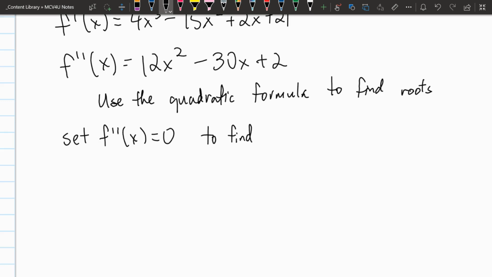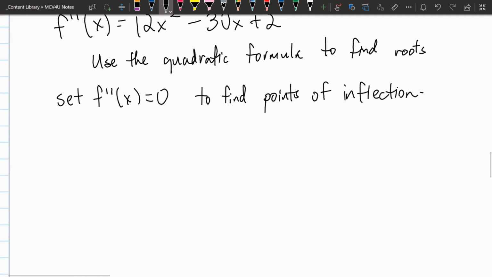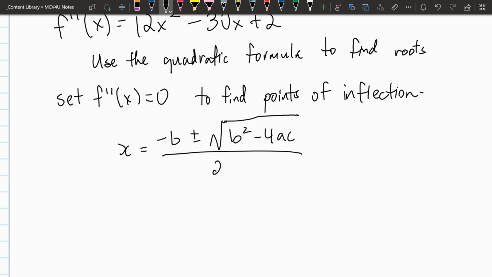Points of inflection, that's what I meant to say. To find points of inflection. Okay, quadratic formula. Do you remember what it is? X equals negative b plus or minus square root of b squared minus 4ac all over 2a.